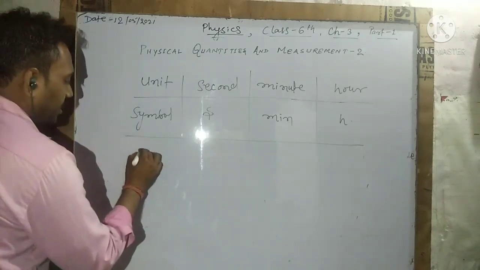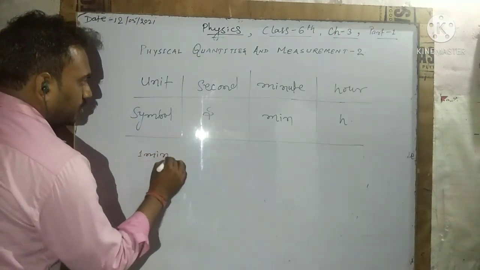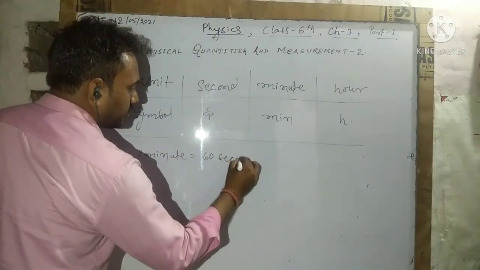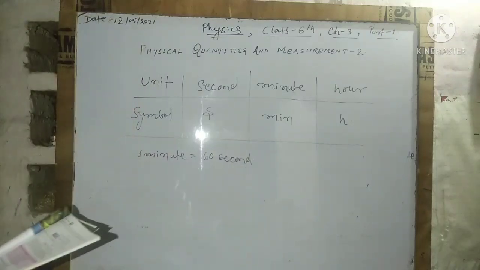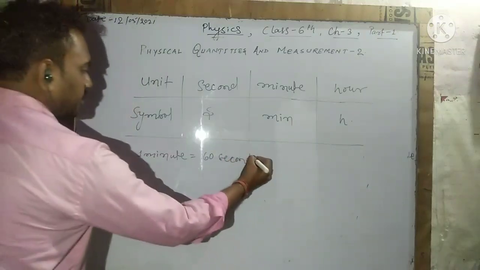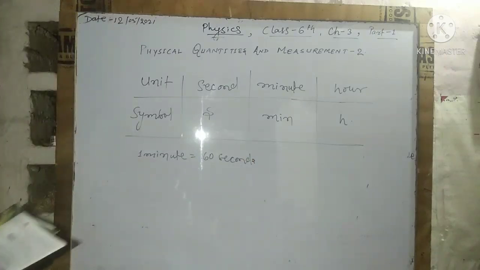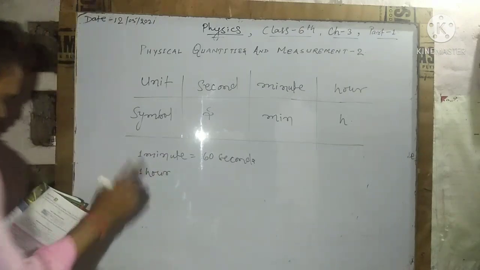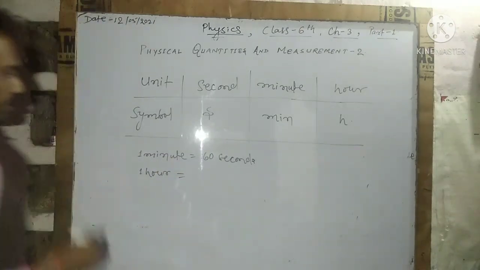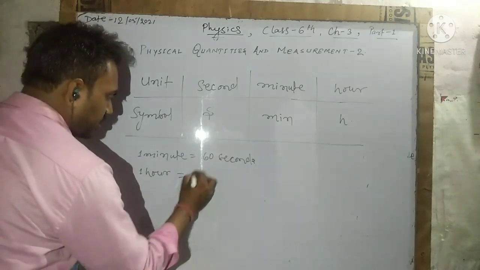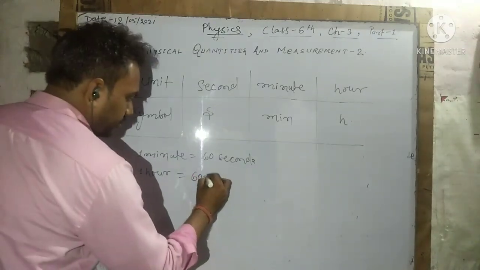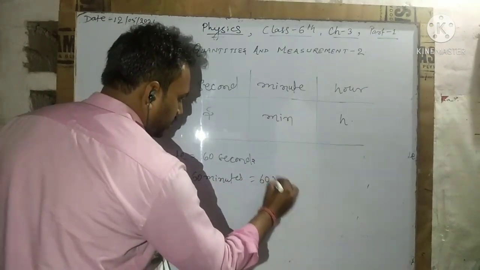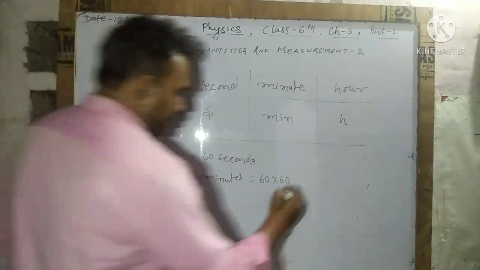First, 1 minute is equal to 60 seconds. 1 hour, you have to learn this, is equal to 60 minutes, that is equal to 60 into 60 seconds.